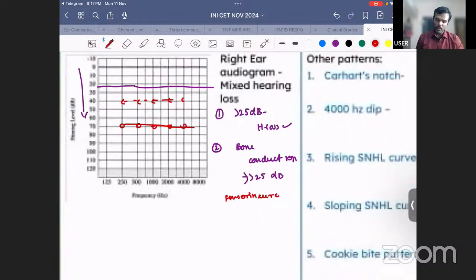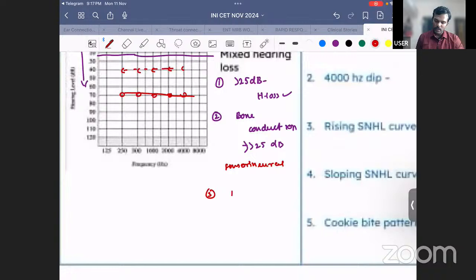The third thumb rule is, air bone gap more than 10 decibel, conductive loss is seen. So this is a clear-cut picture of both sensory neural hearing loss, based on the second thumb rule, and conductive hearing loss, based on the third thumb rule, which means it presents with mixed hearing loss.